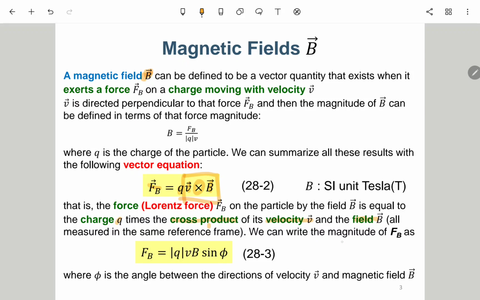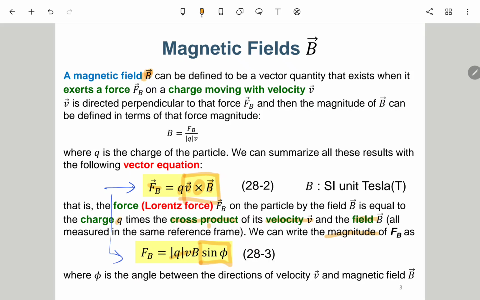First we consider the magnitude. This is the vector form, and now the magnitude: the absolute value of q, times v times B, times the sine of phi.